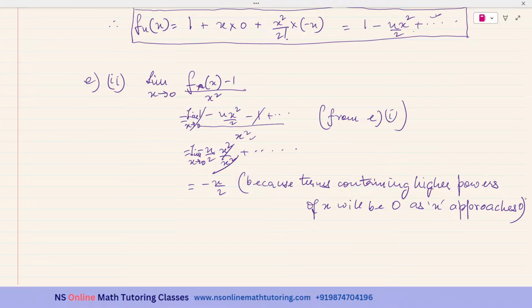Okay, because the other terms, this is x squared, next it will be x cube, x to the power of 4. We do not know which term will be having a 0 value and which one will be a non-zero term, but they will always all be having the power of x more than 2. Okay, and when x is almost equal to 0, very small number, higher powers of a very small number will be even more smaller. So those will be equal to 0. Okay, so this is the limit minus n over 2.